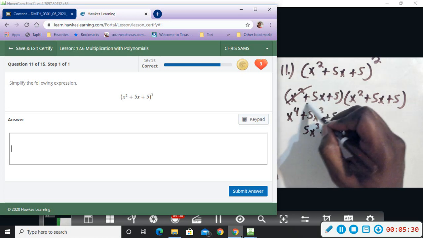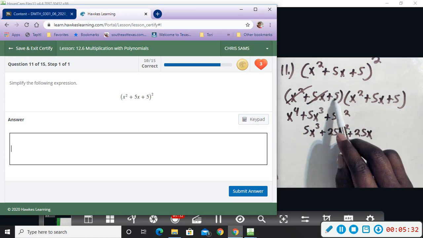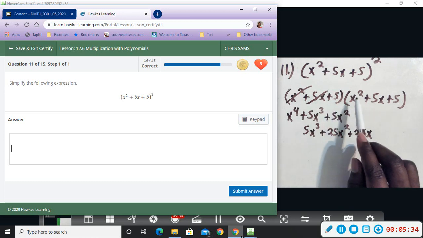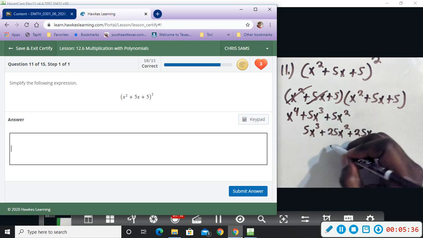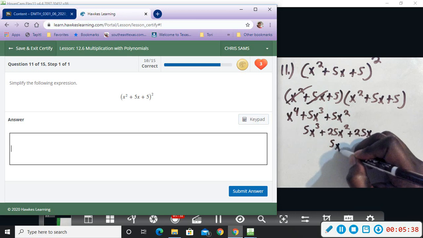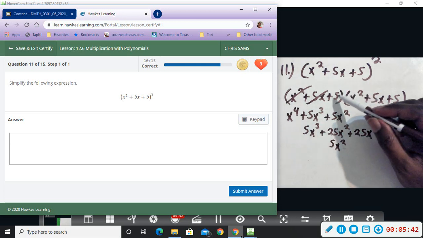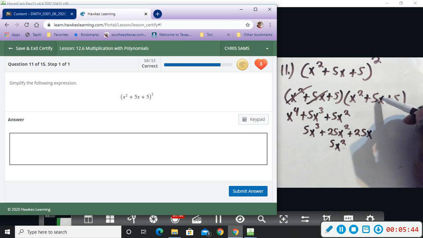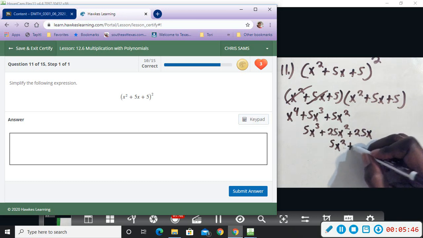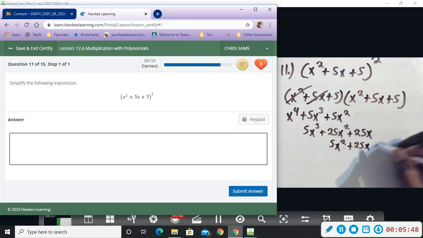Done with this term. Now 5 times everything. 5 times x squared will give us 5x squared. It's kind of shifting as we go. 5 times the 5x will give us a 25x, and then 5 times 5 will give us 25.